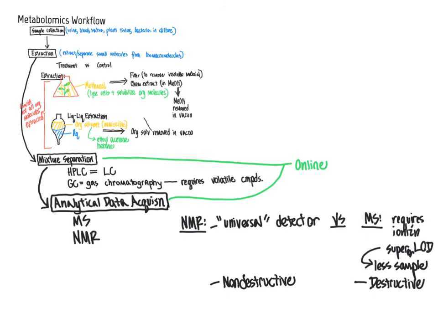Additionally, when we compare NMR and mass spectrometry, if we desire to avoid the mixture separation stage of having to use HPLC or GC to separate compounds within the mixture, NMR in some cases can be used with mixtures of compounds.